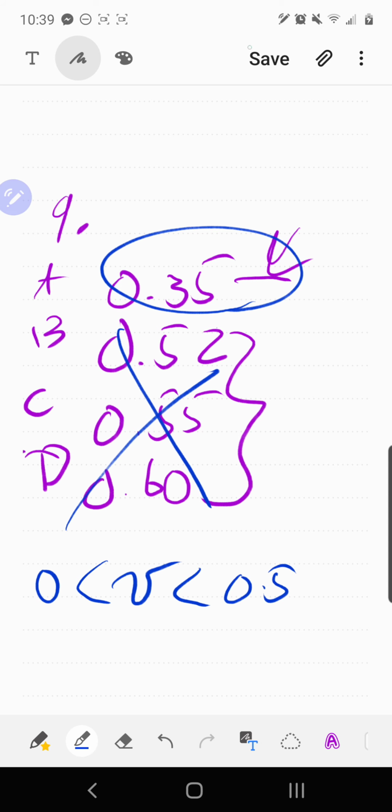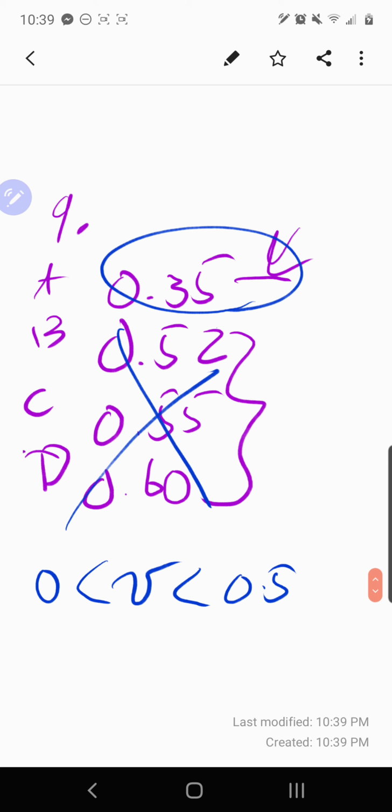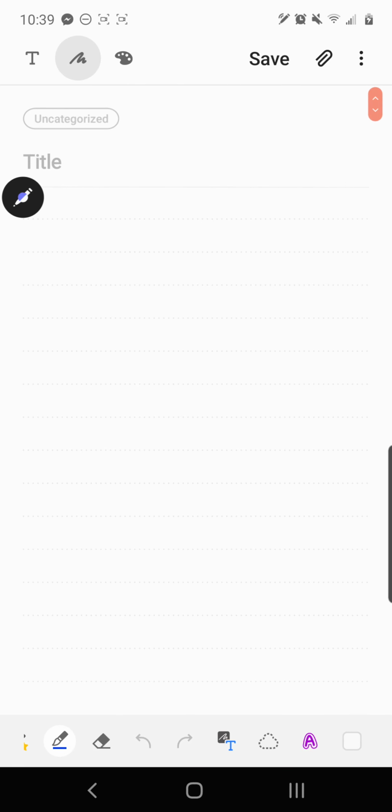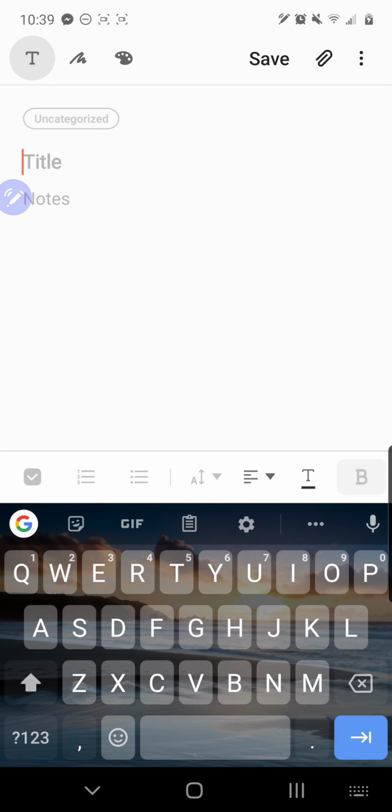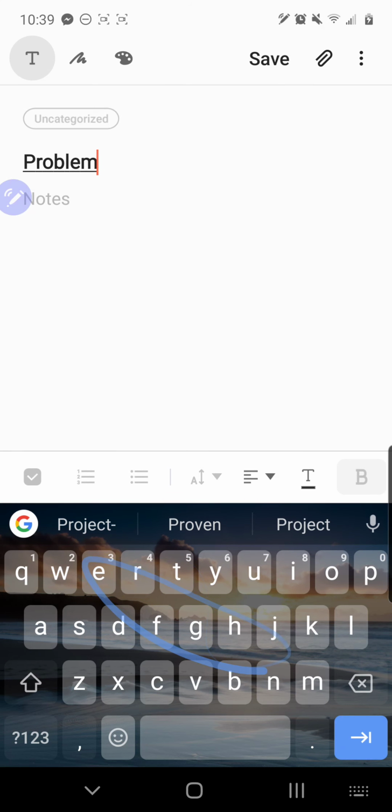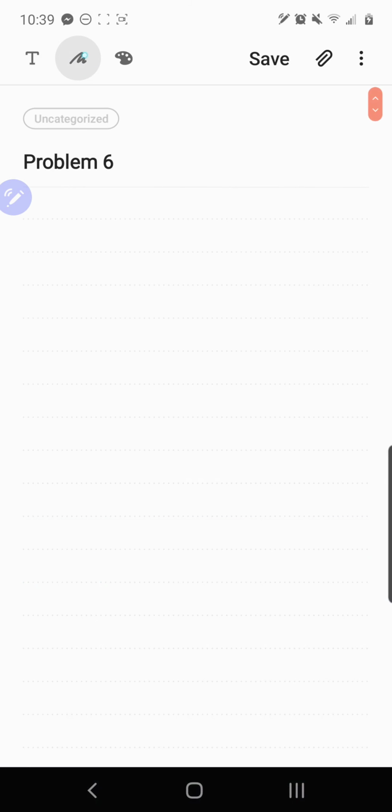Alright, let's do the last one, number 6. Don't tell me to get organized. Alright. We have what looks to be another box. This time it's vertical. Just giving us all the boxes today.